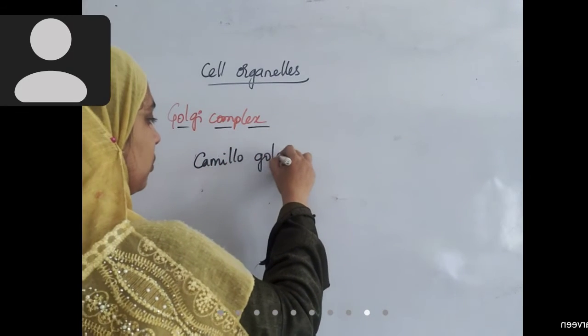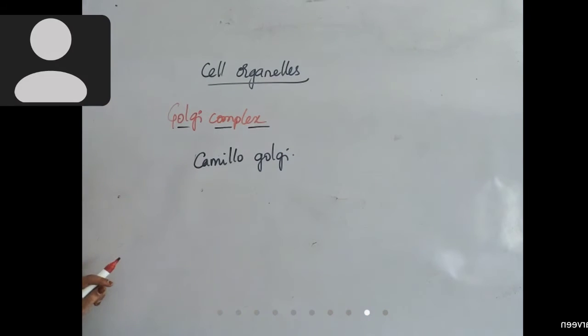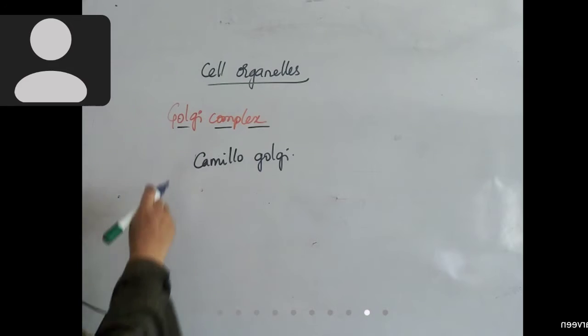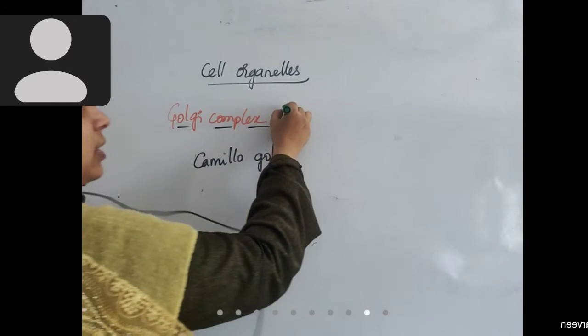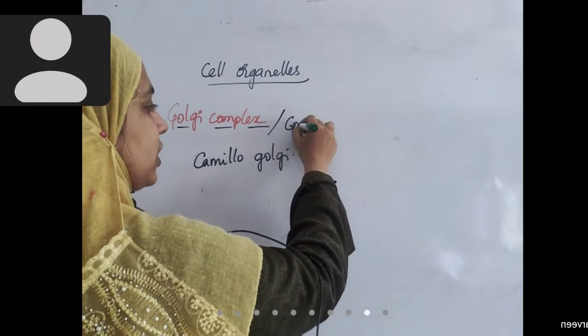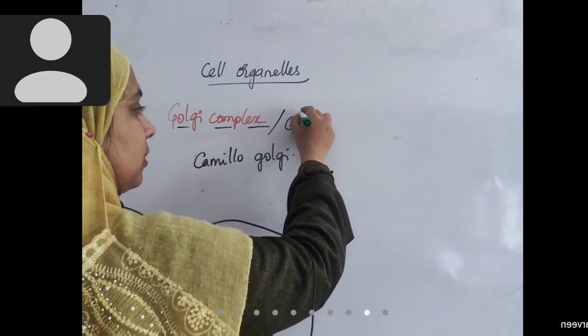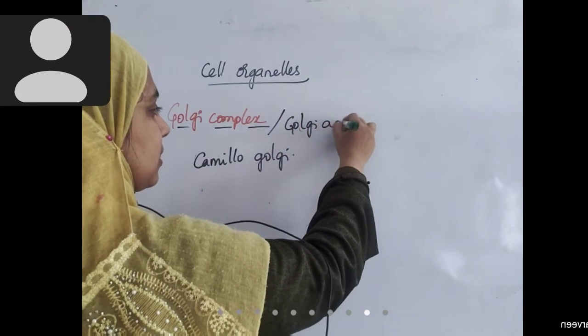His name is Golgi only. Camillo Golgi discovered the Golgi complex and named it. This is also called the Golgi apparatus.